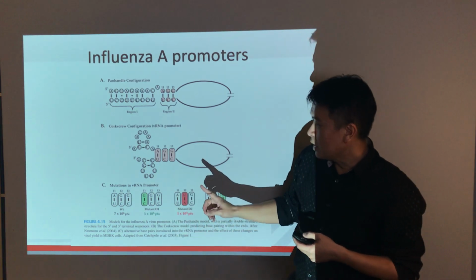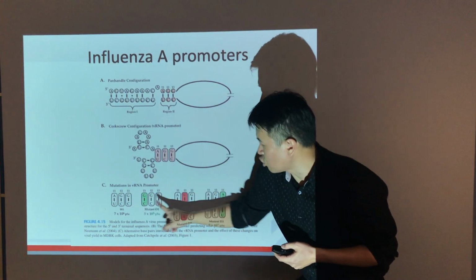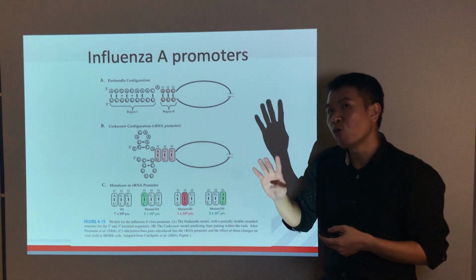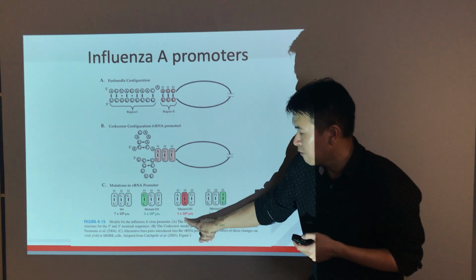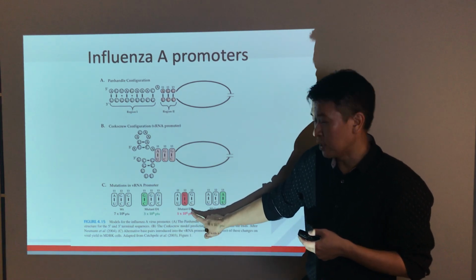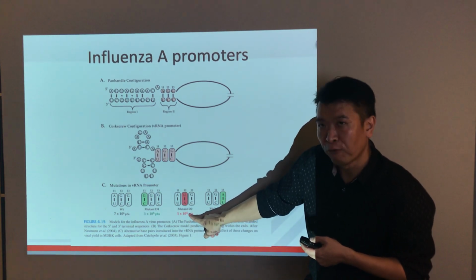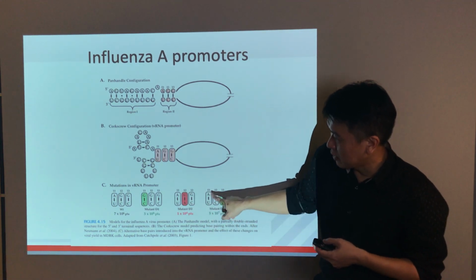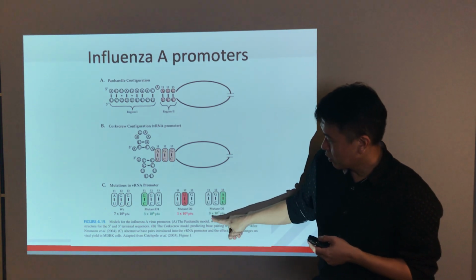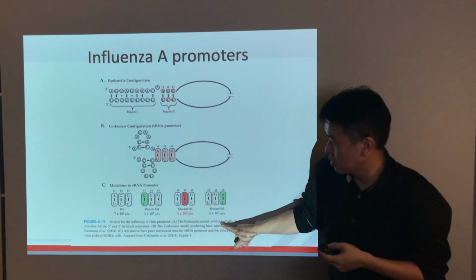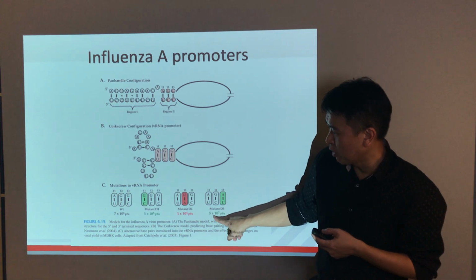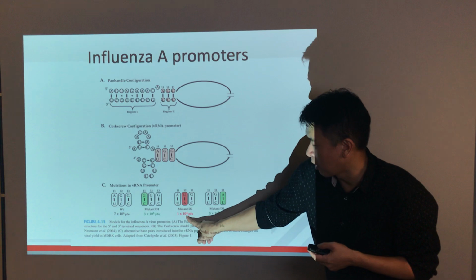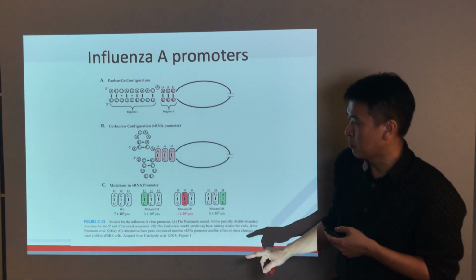The next mutation they did was changing the G to U, and what happened here? There is a 4-fold reduction of the virus being produced, 1 times 10 to the power 4. And then the next one is they mutated this one, A. So you have a 1 log reduction, 4 log reductions, from 10 to the power 8 to 10 to the power 4, from 10 to the power 8 to 10 to the power 7.